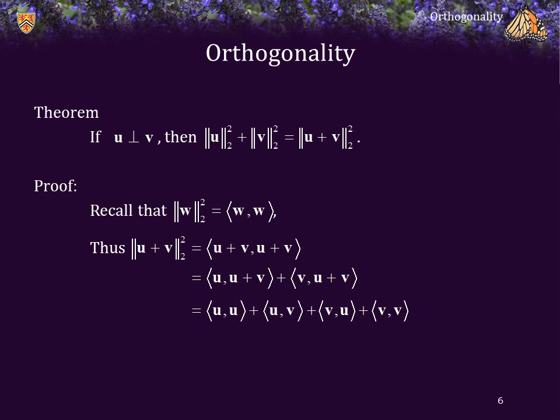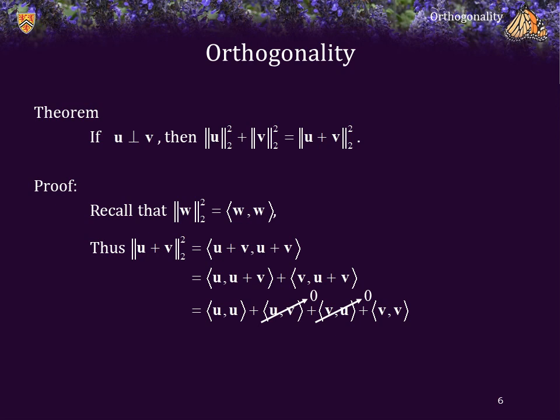All right. Now, here's where we use our assumption. We assumed that u was perpendicular to v. Therefore, the inner product of u and v is equal to 0. Well, if u is perpendicular to v, then v is perpendicular to u, and that term is also 0. What's left?